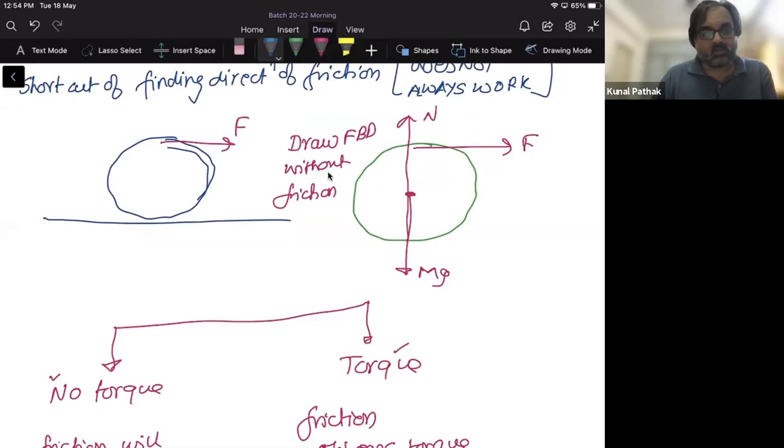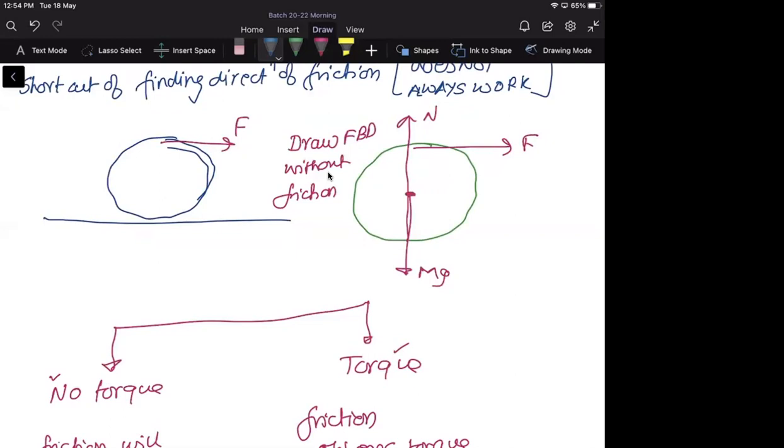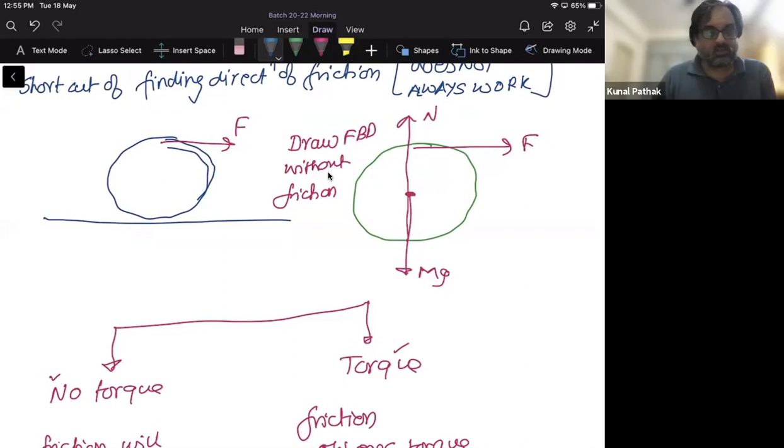Clockwise. It is absolutely right. It is clockwise. So the friction must be providing an anti-clockwise torque. Therefore, this must be the direction of friction.